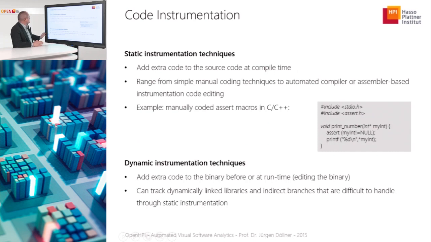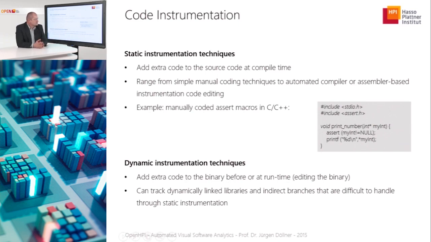Let's differentiate these two forms a little bit in detail. Static instrumentation techniques add extra code to the source code at compile time. The most simple way to add instrumentation code in a static way is outlined in this very short example.